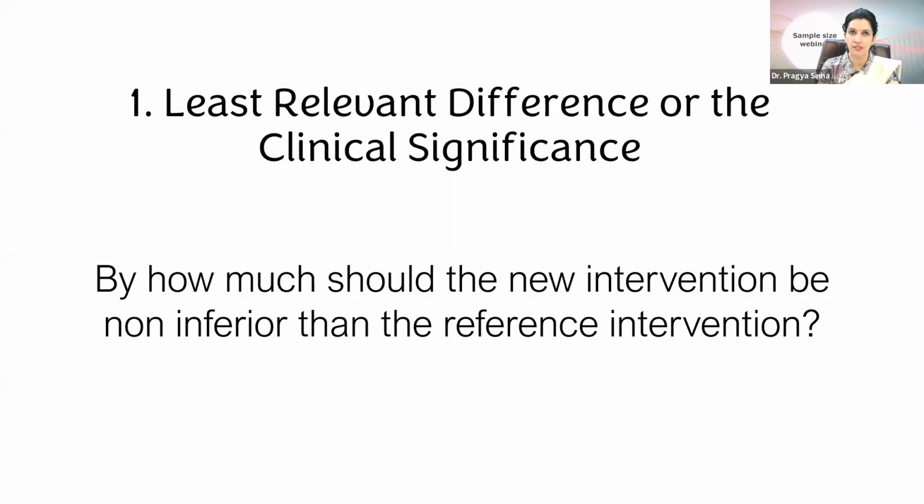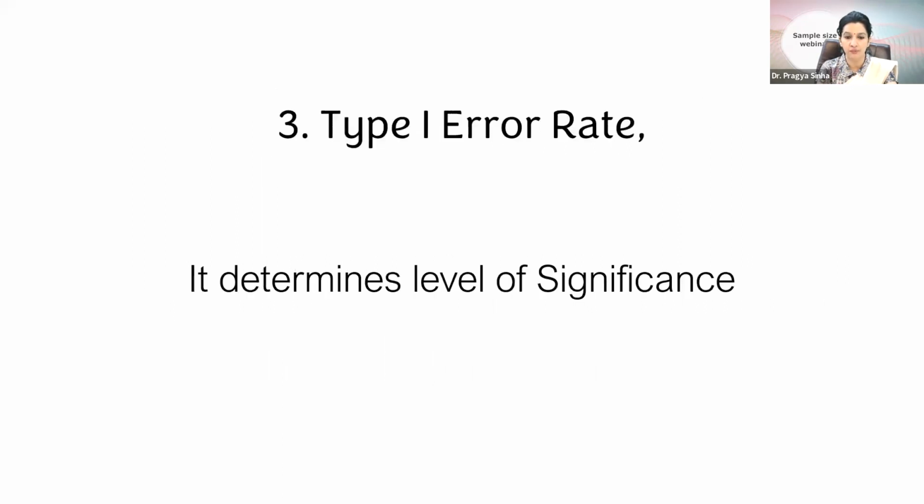Now the following aspects need to be considered for a sample size calculation. We have discussed the least relevant difference or the clinical significance: by how much should the new intervention be non-inferior to the reference or existing intervention? We do a thorough literature search, take the previous literature, and also do the consultation. By these two, we decide the non-inferiority margin.